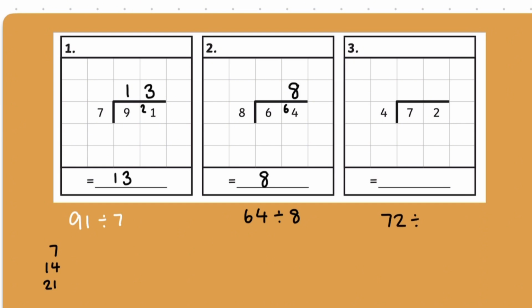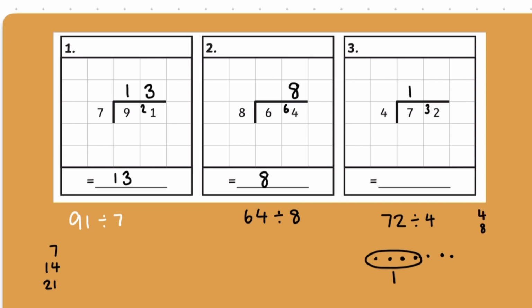Question 3. 72 divided by 4. So we can see that there is only one lot of 4 in 7. So if we were to draw it out, here's my 7 counters. And if I take 4 of them away, and that makes one lot of 4, I've got 3 left over. So we'll put our 1 here and carry over the 3. So now we've got 32 divided by 4.